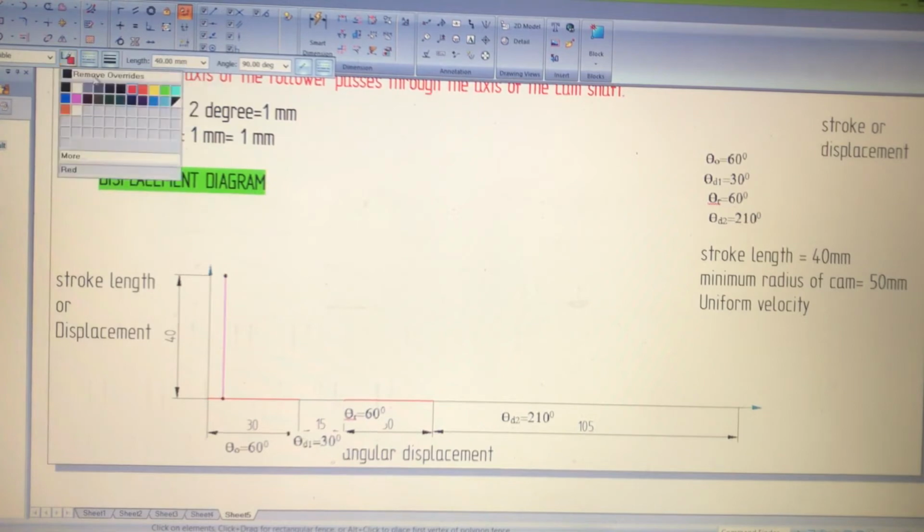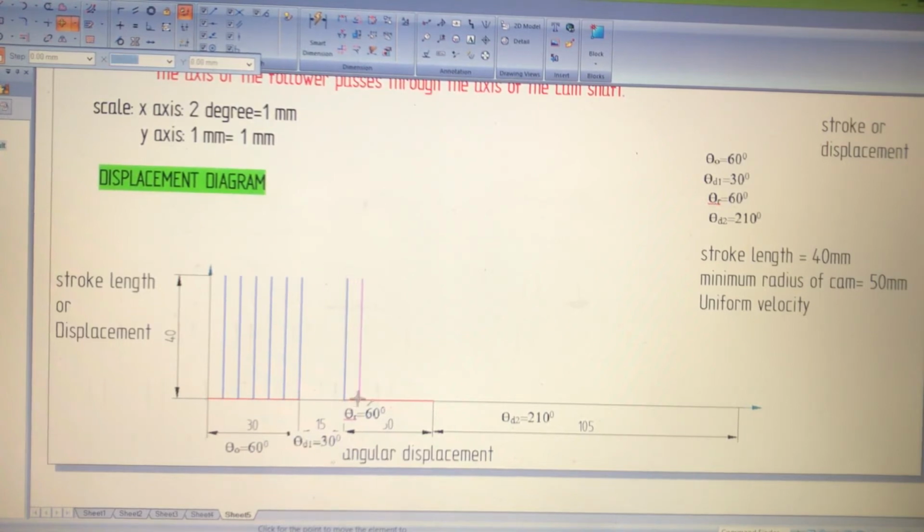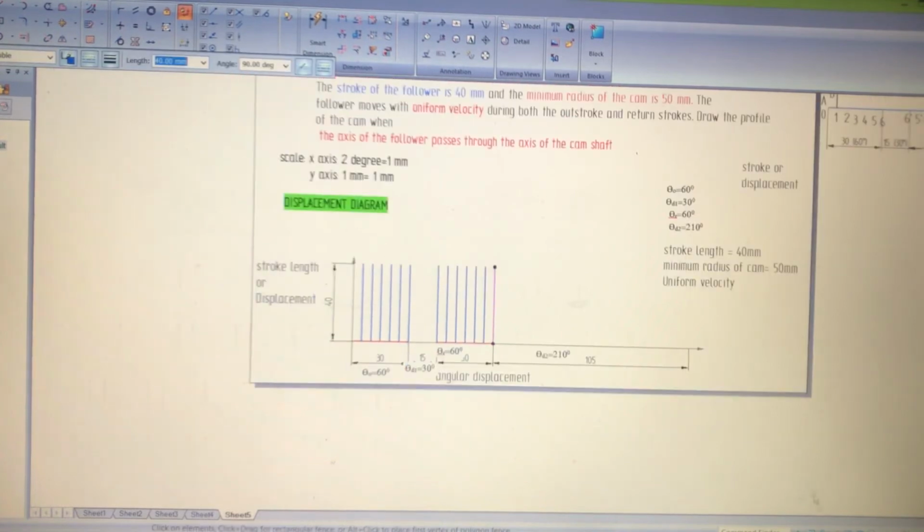I'll change the color for better appearance. Like this, you draw vertical lines from each end of the partition. Now after dividing this, you name it for better understanding.